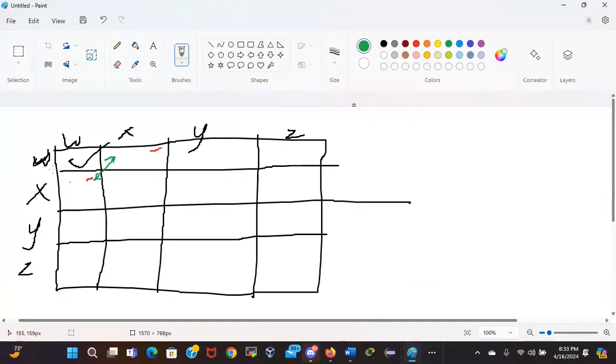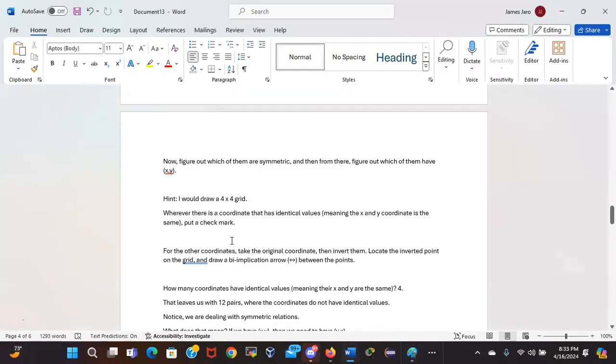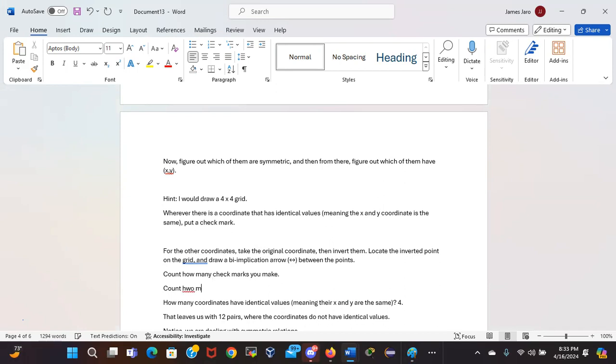As an example, you have WX, its inversion is XW, so we draw a biimplication arrow going between the two of them. Count how many check marks you make, and count how many biimplication arrows you draw.